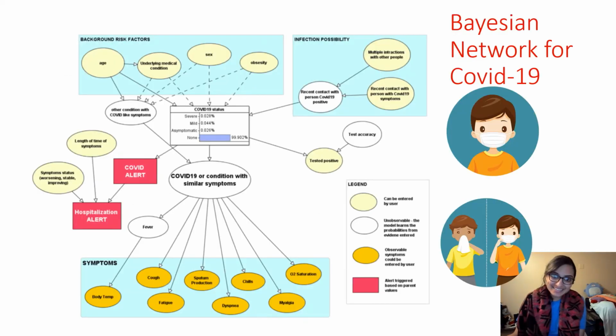In fact, this is a Bayesian network for COVID-19 or a condition with similar symptoms. We can look at the symptoms, background risk factors, infection possibilities, and there's even a legend here. So these are indeed widespread, and they use conditional independence. That is a key part of Bayesian networks, which we'll talk about in other videos.